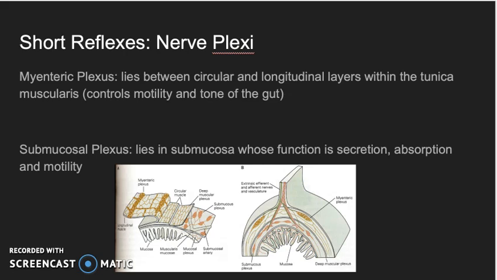So in summary, short reflexes happen autonomously, and they are located within the myenteric plexi and the submucosal plexi. Long reflexes function with the help of the central nervous system. Their sensory signals are sent from outside, such as the sight or smell of food, the feed-forward mechanism, to the central nervous system to then trigger a response within the GI tract.